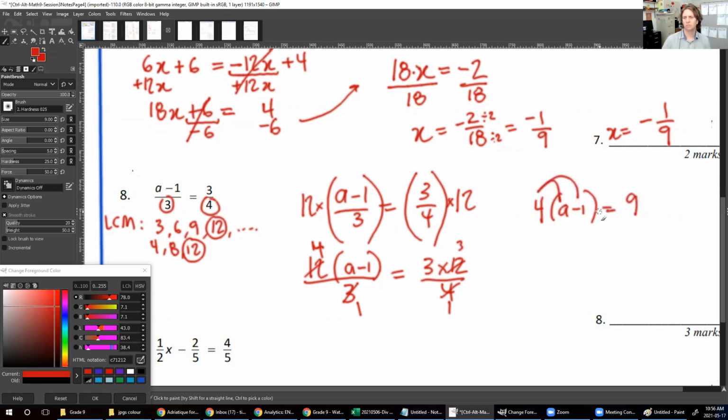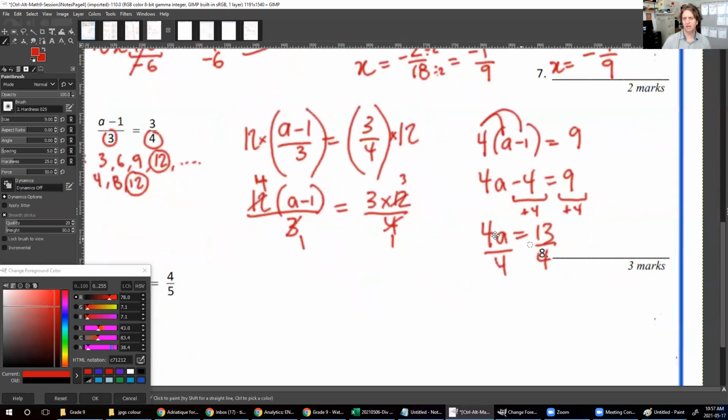I'm going to multiply this through. 4a minus 4 is equal to 9. Get rid of this one. I'm going faster, but I'm running out of time. I've got 3 minutes to finish a page. So 4a is equal to 13. Divide by 4 because I don't want 4a, I just want 1a.